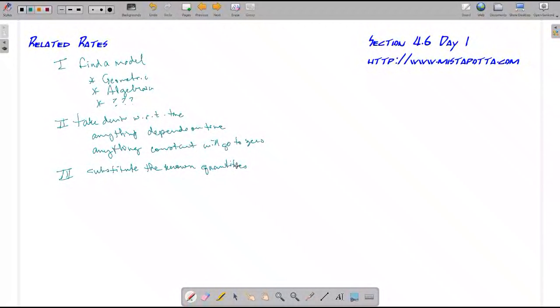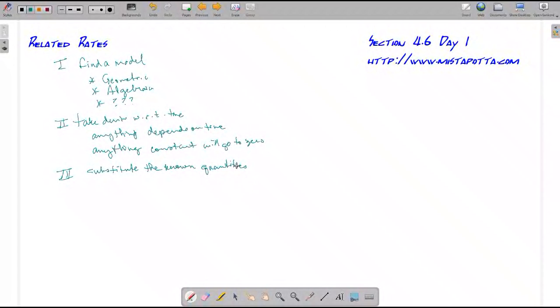Now, whenever I take the derivative, I'm going to end up doubling the number of variables that I had. In the previous problem, my volume equaled 4/3 pi r cubed.